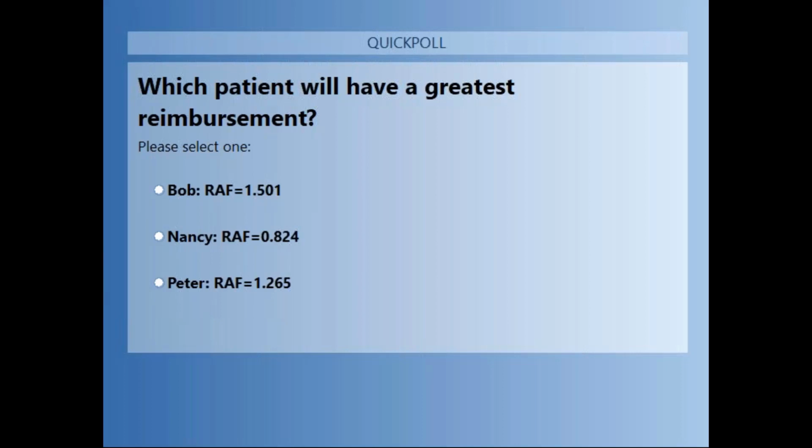So which patient do you think will have the greatest reimbursement? This has to do with the formula we just talked about. So based on that formula, which patient do you think will have the greatest reimbursement?